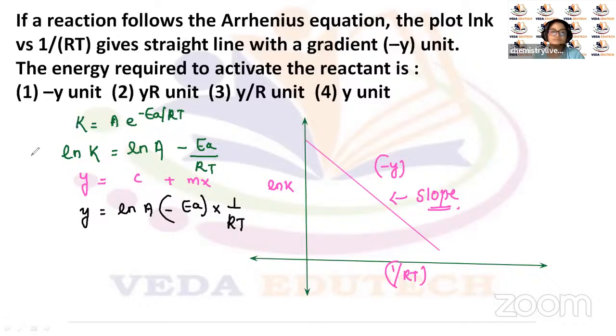So what's happening here, children? We have ln K here, and 1 by RT here.